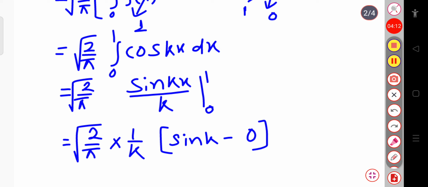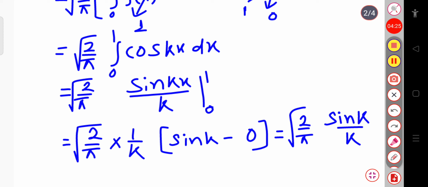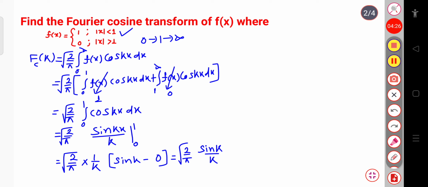So this will be equal to root over 2 by pi times sine k by k. So for this function, the Fourier cosine transform is root over 2 by pi sine k divided by k.